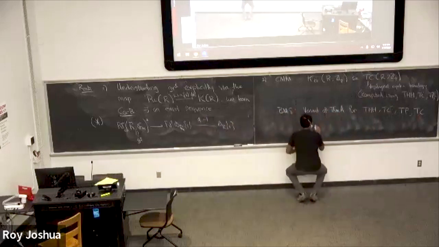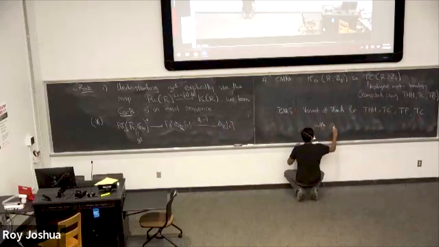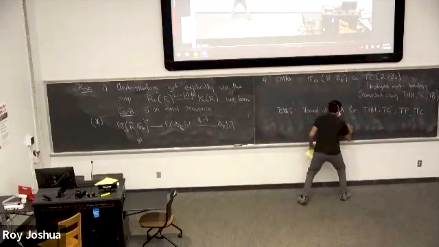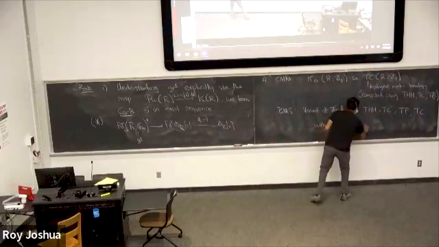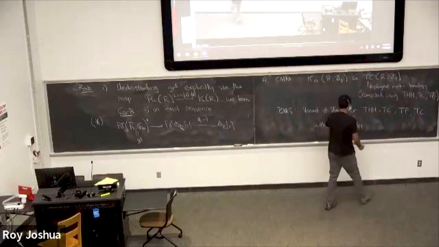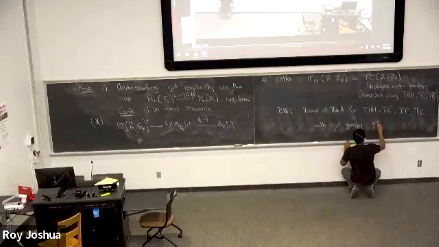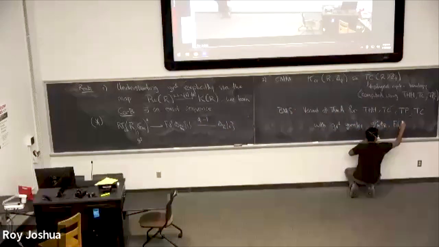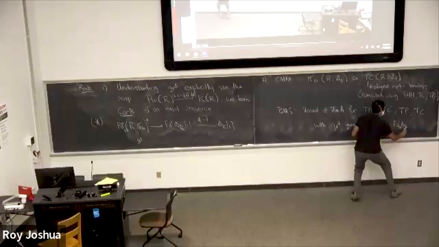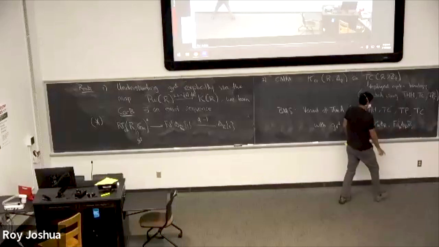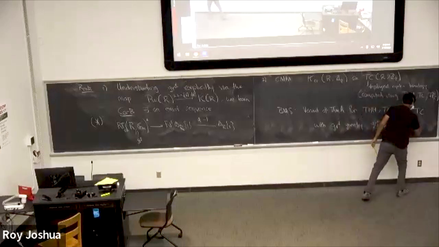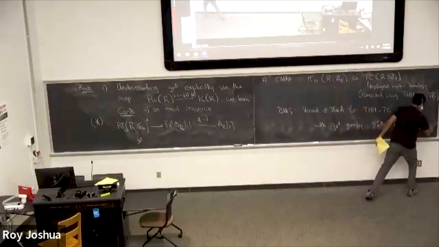So the graded pieces are given by the following. For THH, you get the i-th graded piece of the Nygaard filtration. For TC minus, you get the i-th level of the Nygaard filtration. For TP, you get just prismatic cohomology itself. And then for TC, you get the actual invariant you care about, which is syntomic cohomology.